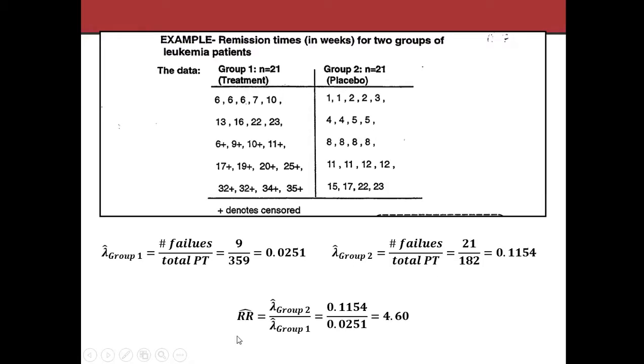Every time we did this, in Poisson regression or in previous courses, there was a big assumption, the constant hazards assumption, that this rate of 0.1154 uniformly describes everyone in this group at every time. No matter how many weeks into your course you are, you face the same rate. If you're 12 weeks in, or 2 weeks in, the rate for this group happens to be 0.1154, and the rate on the left side is 0.0251. No matter where you are in time, this is your rate.